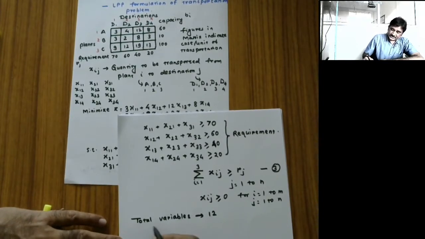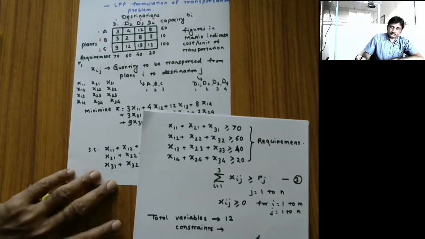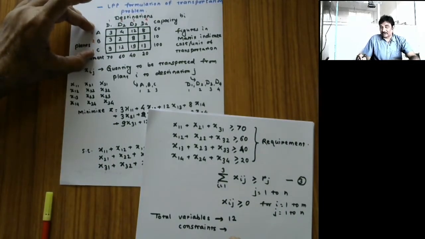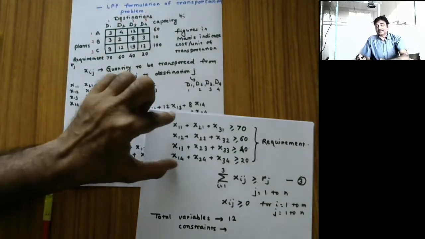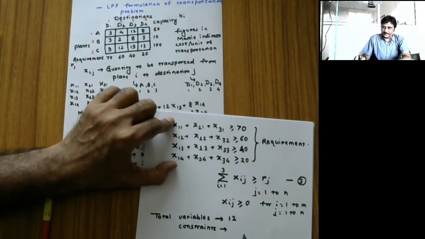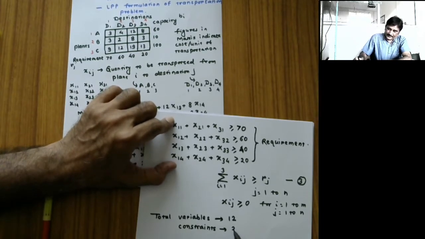And how many constraints does your problem have? There are three constraints for three plants, called capacity constraints, and four constraints for four destinations, called requirement constraints. So 3 plus 4 is equal to 7 constraints.